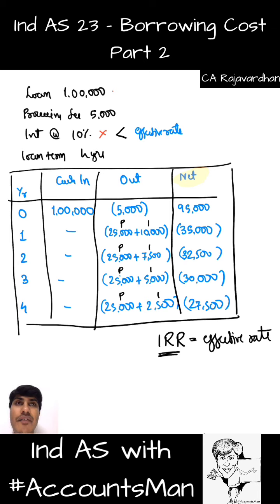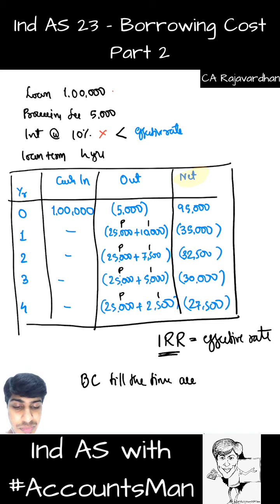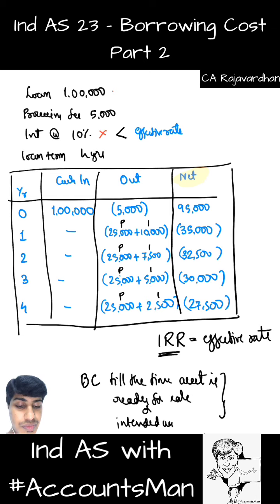Now the question is, will I compute the borrowing cost for the entire period? No. Borrowing cost till the time the asset is ready for sale or intended use, at effective rate, will be capitalized.